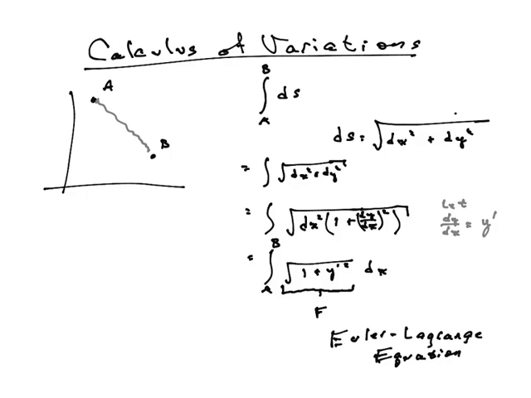So let's do that. First of all, we have our f was the square root of 1 plus y prime squared. And the Euler-Lagrange equation says df/dy minus d/dx of df/dy prime is equal to 0, if we minimize our original integral.